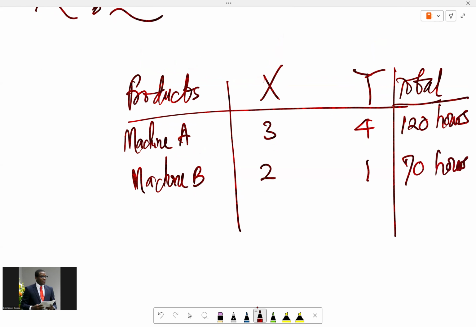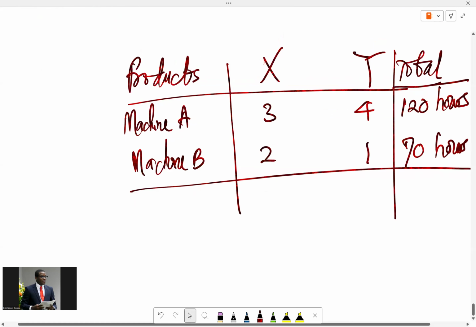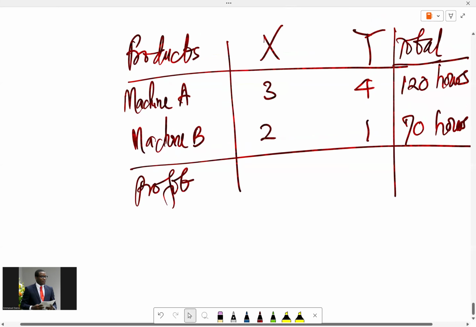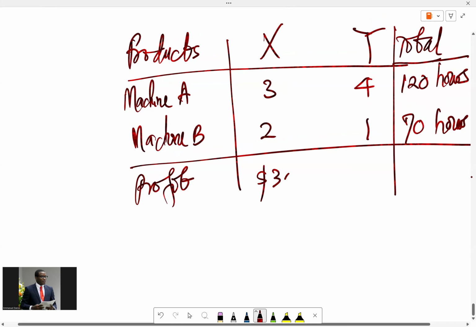So those are obvious constraints. Apart from that, we have profits, right? The profit per unit of product X is $30, and per unit of product Y is $40. So the question is, how many units of each product should the factory produce to maximize profit?